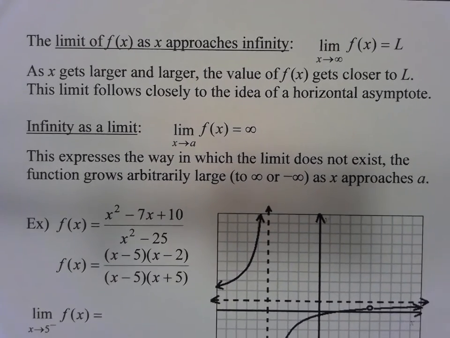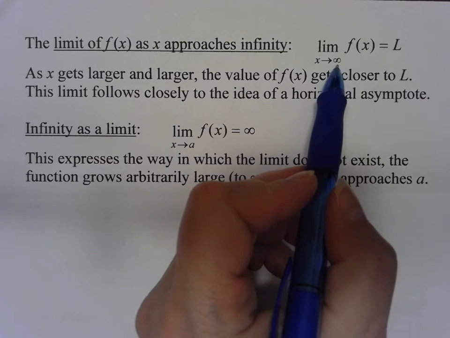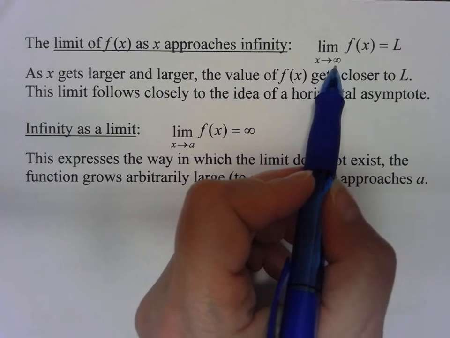One more thing here. Cover this up for the moment. So the limit of f as x approaches infinity. Let me just read what we have here. As x gets larger and larger, the value of the function f of x gets closer and closer to L. This limit follows closely to the idea of the horizontal asymptote. So at the ends of the graph, when x gets really large, and I used positive infinity here, but I could have used negative infinity just the same.